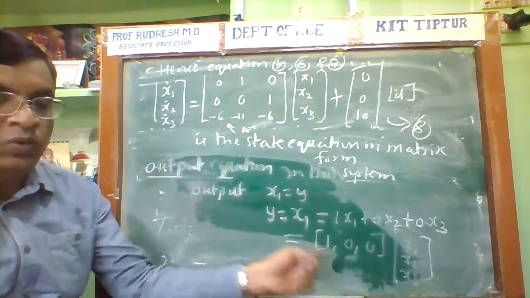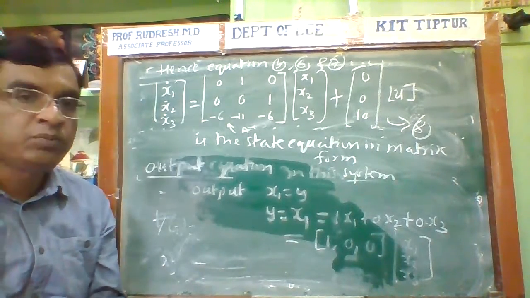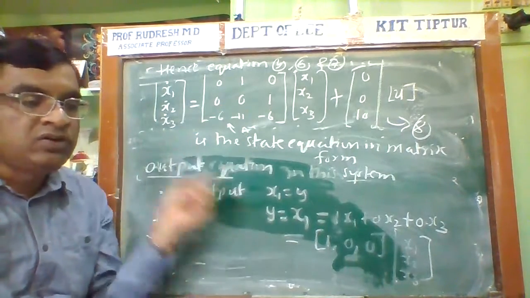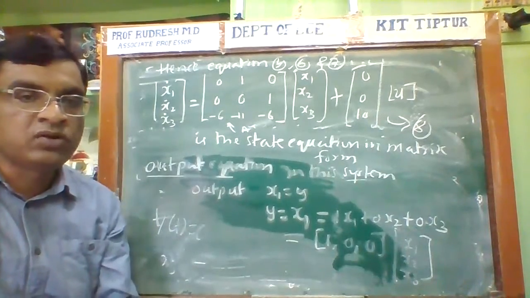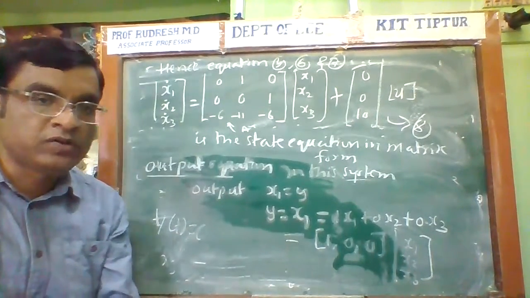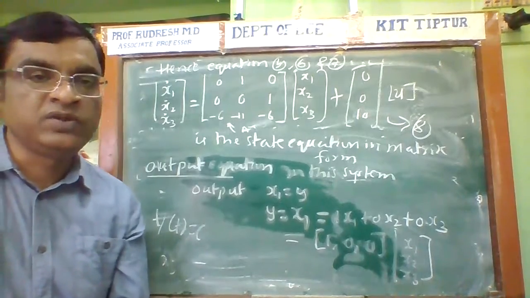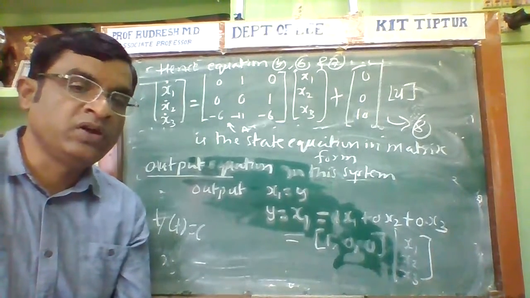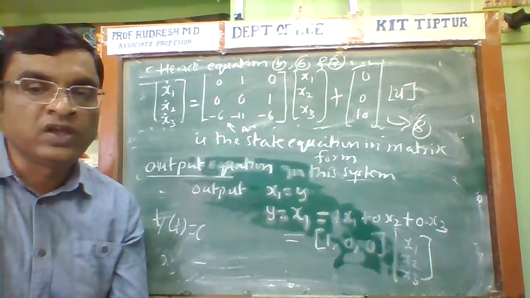Hence, the state model is a vector form of the state equation and output equation. In the next session, I'm going to consider other examples: if another differential equation is given, how to develop the state model. Thank you for listening.